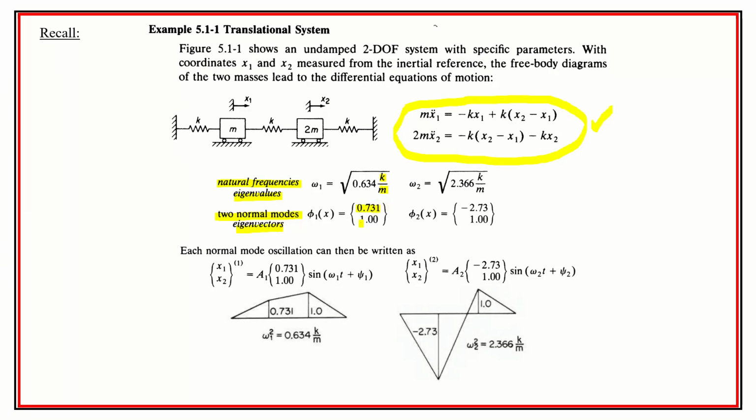A lot of times we'll call these the shape, and that would be true. If we had multiple degrees of freedom, we only have 2, but they really give the idea of the relative magnitude between the 2 degrees of freedom that correspond with the natural frequency.